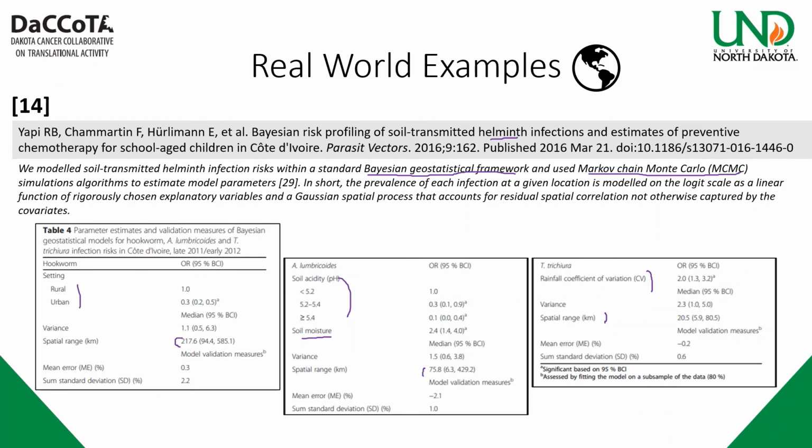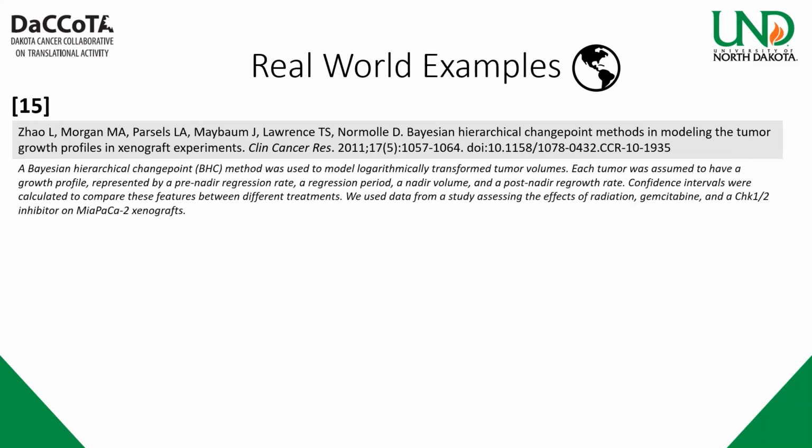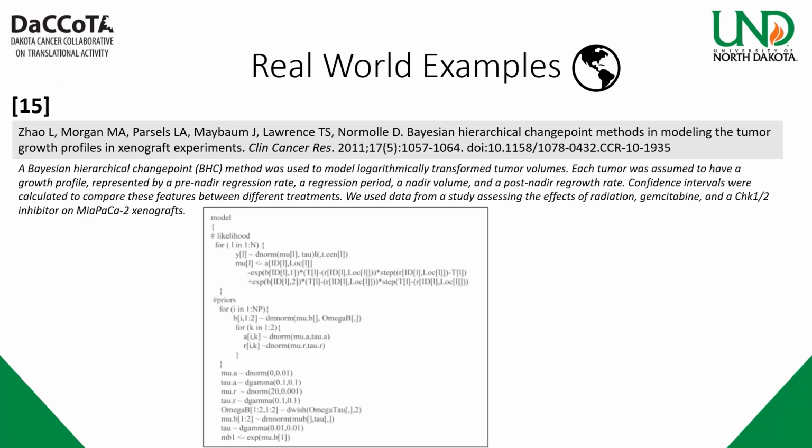Moving on, let's look at Bayesian hierarchical change point methods for modeling tumor growth profiles. I currently work in biomedical research, so cancer is a daily part of a lot of my work. They use hierarchical change point methods to model tumor volumes. This is kind of cool because they actually gave you the code. You can see it's very similar to what we worked on, but much more complicated. This is the RJAGS setup.